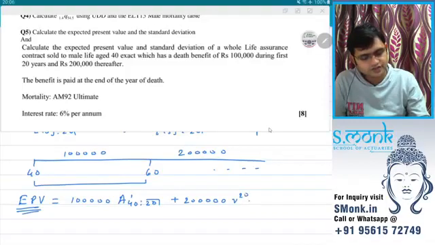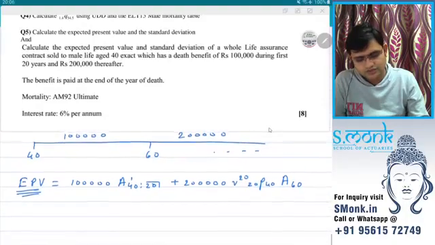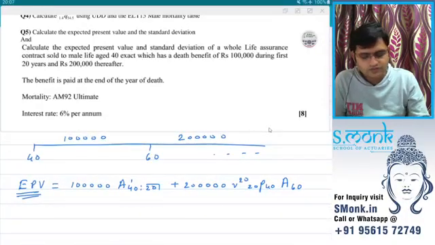So v raised to 20, 20p40, and then we'll have A60. You can solve this and directly take these values from the AM92 table, or however you want to solve this.